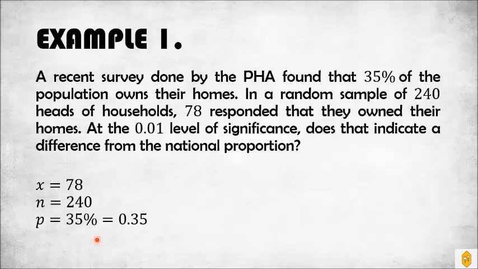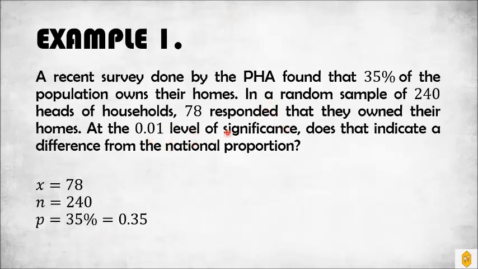Make sure to transform it to decimal para hindi tayo magkaroon ng mistake kapag nasa computation part na. And then, we are going to use 1% or 0.01 level of significance.